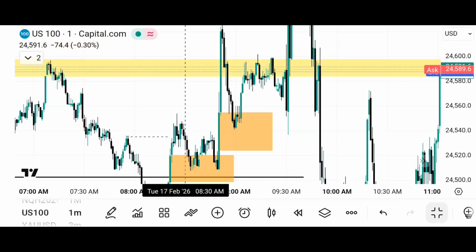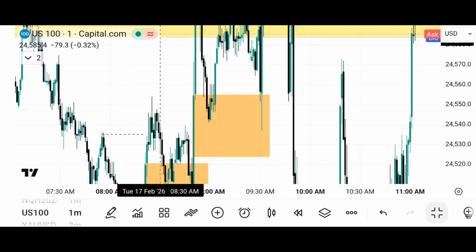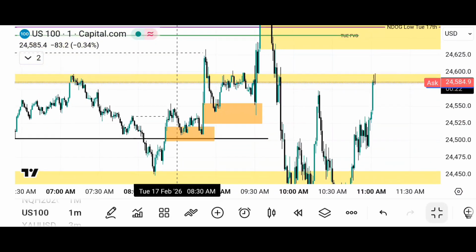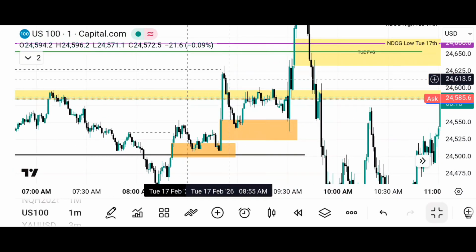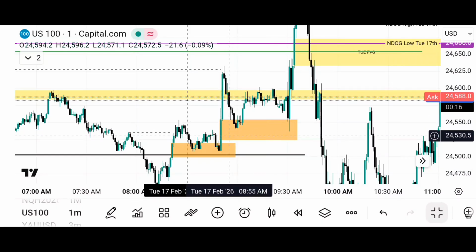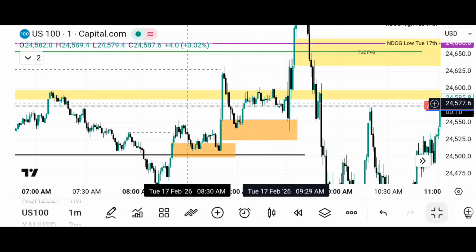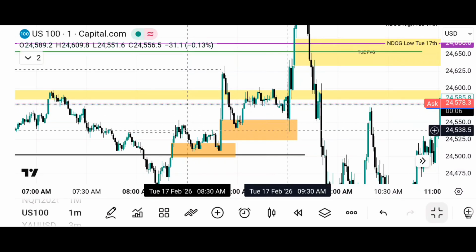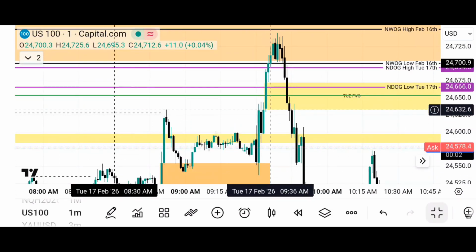Now, for those who think the 1 minute time frame can't be understood or made use of in trading, this is an example for you. After this displacement upward, this fair value gap was formed, and price traded into it at 9, and at 9:30 it trades into it one more time, and then you see the run up in price, the speed at which price runs up.